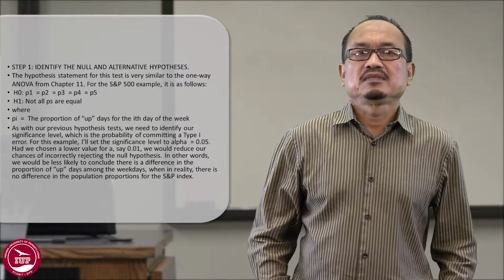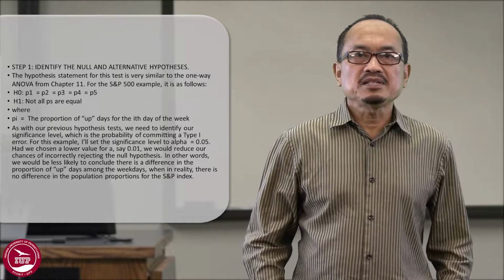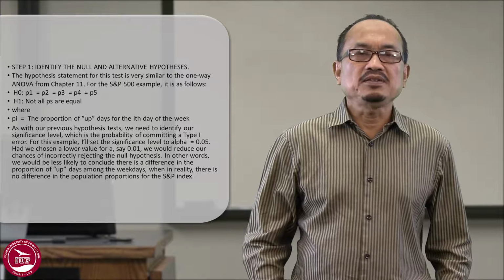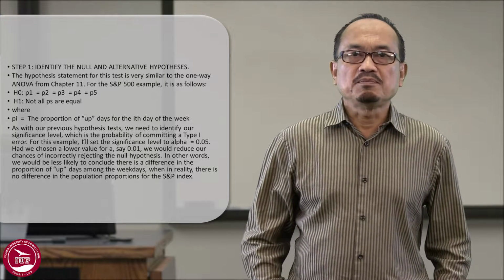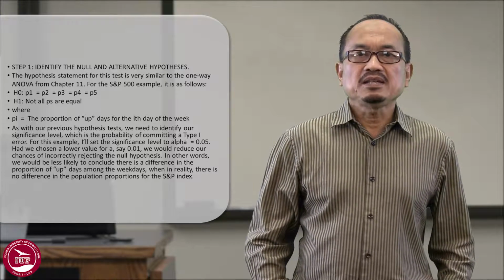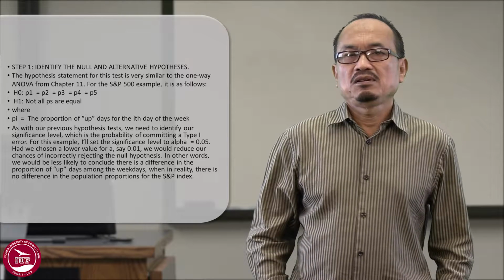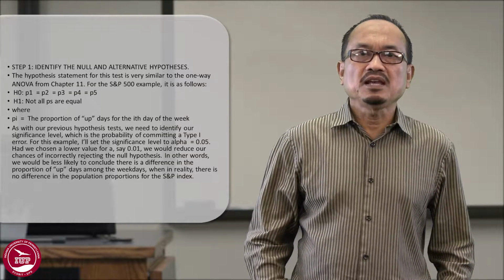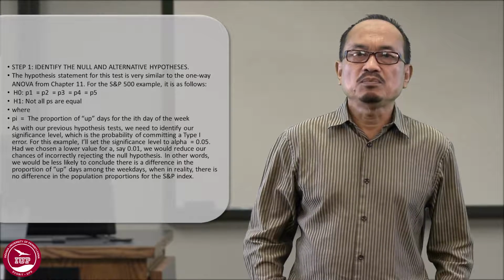As with our previous hypothesis tests, we need to identify our significance level, which is the probability of committing a type 1 error. For this example, we will set the significance level to alpha equals 0.05.